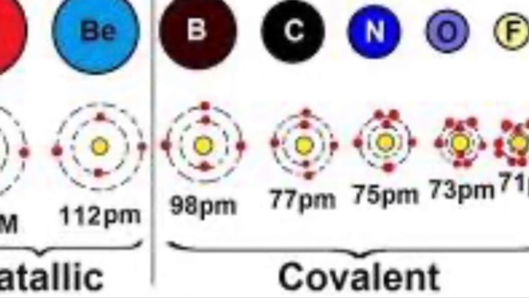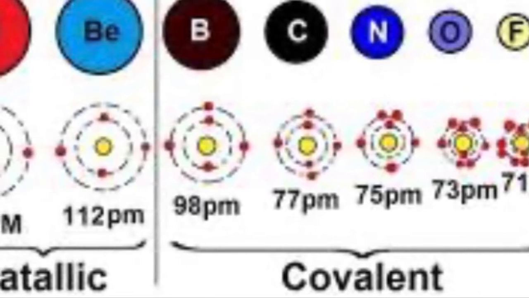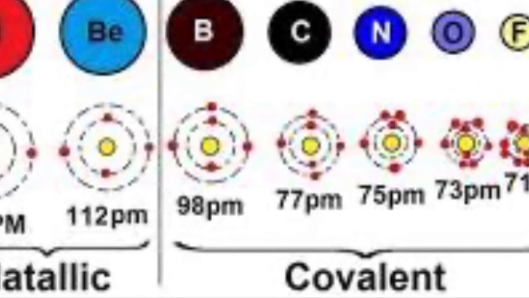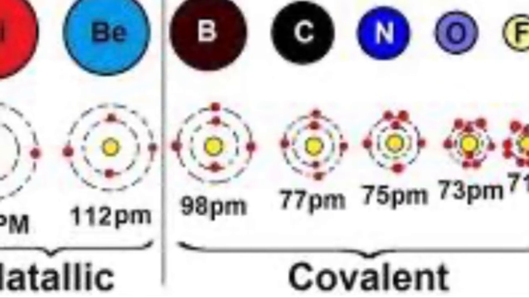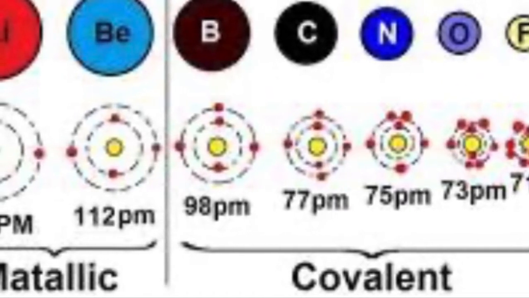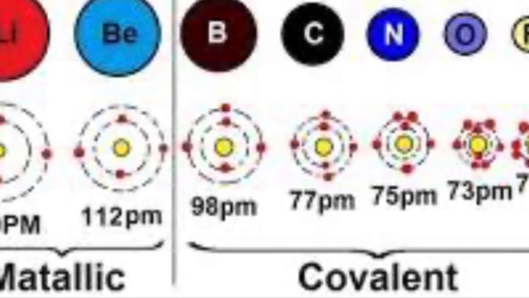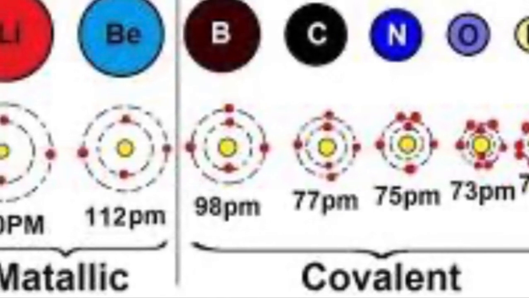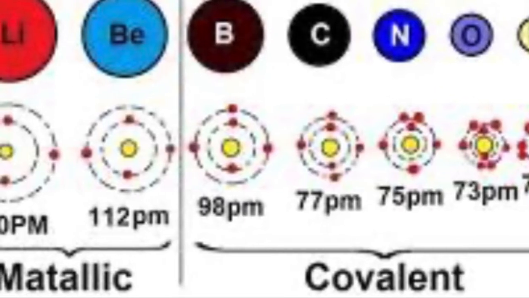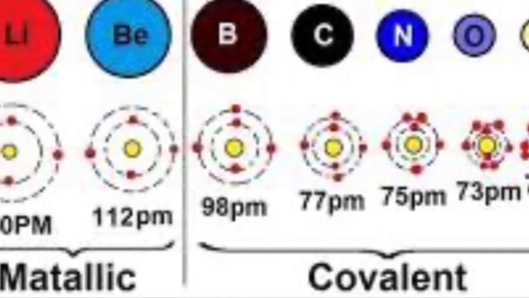But you might have thought that there will be an increase in the atomic size across the period, but this is not the case, because the electrons are added to the same shell, as I have taught you in the previous class about the periods. Electrons are added to the same shell, so there will be no increase in the size.